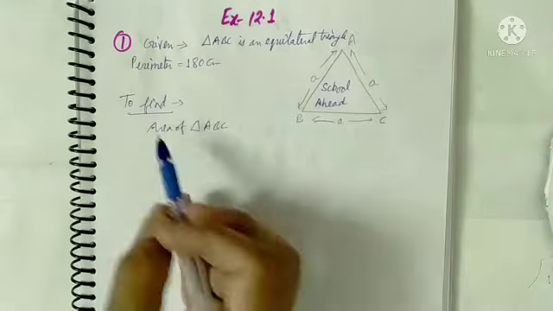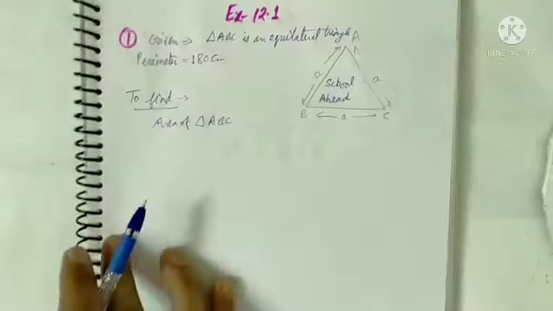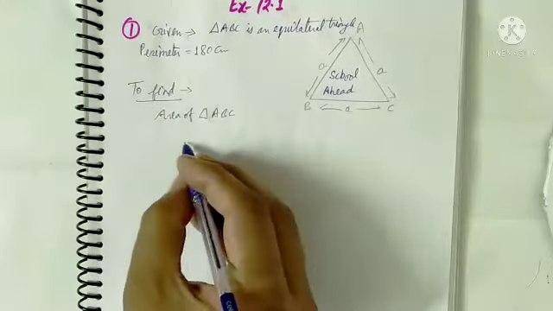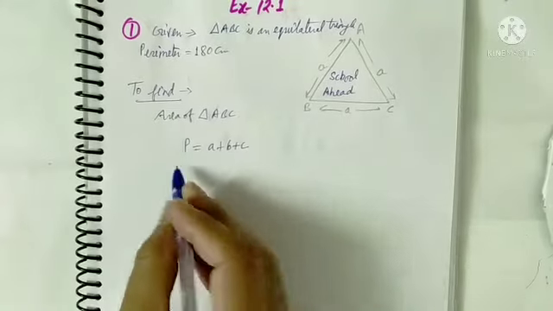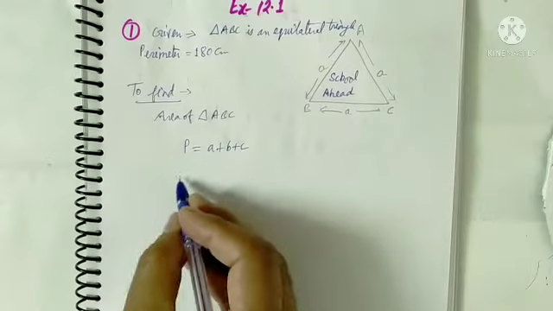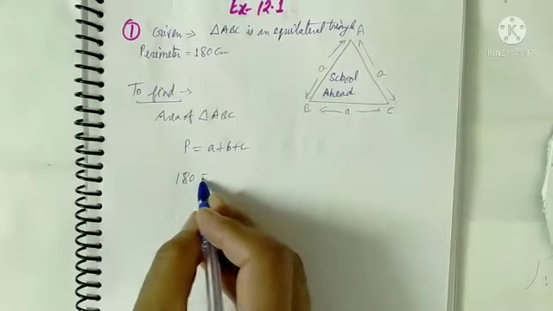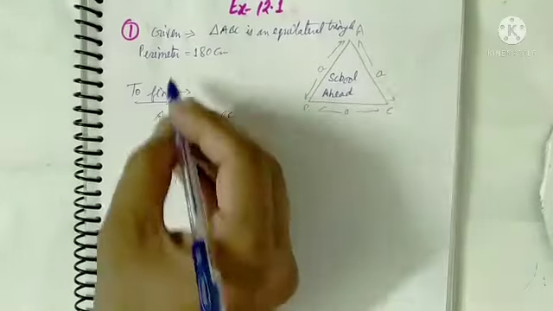So the question is very easy. Perimeter is 180. How do we find the measurement of the side? It's simple. You know that the perimeter equals A plus B plus C, and the perimeter is 180 centimeters. A is A, B is also A, because all three sides are equal.